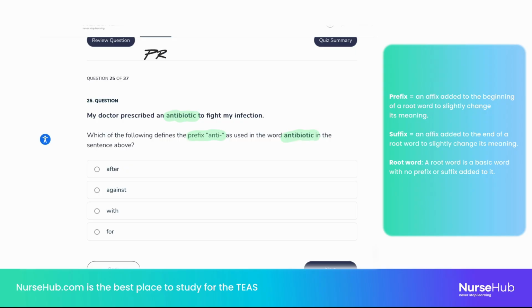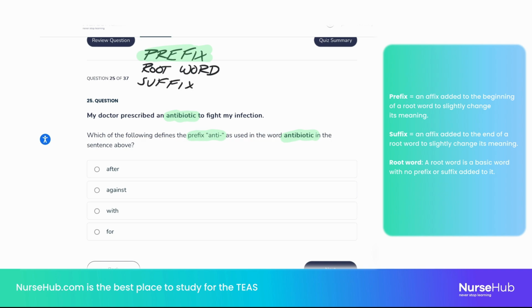And in these sort of cases, we are looking at the prefix, meaning before. We are looking at the root word. And we are looking at the suffix. And in this case, again, we are looking for the prefix.